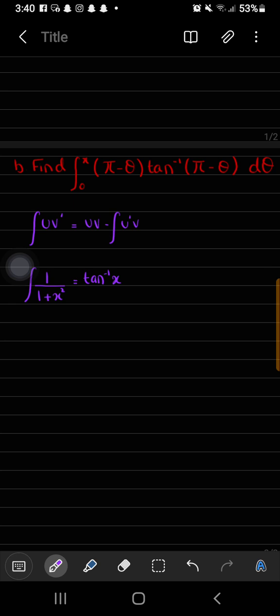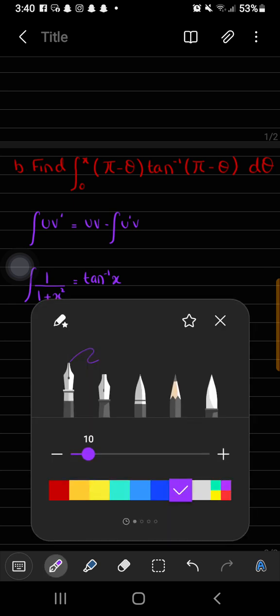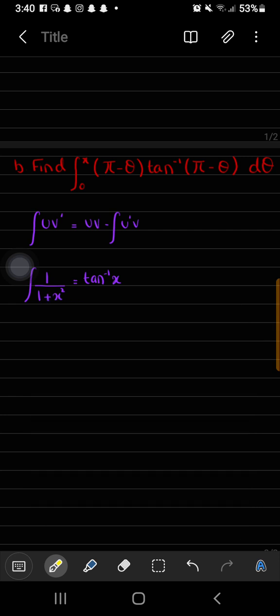So now we are going to do this question. First of all, I will not do this directly. So instead of pi minus theta, I can substitute it with a. Okay, pi minus theta is equal to a.